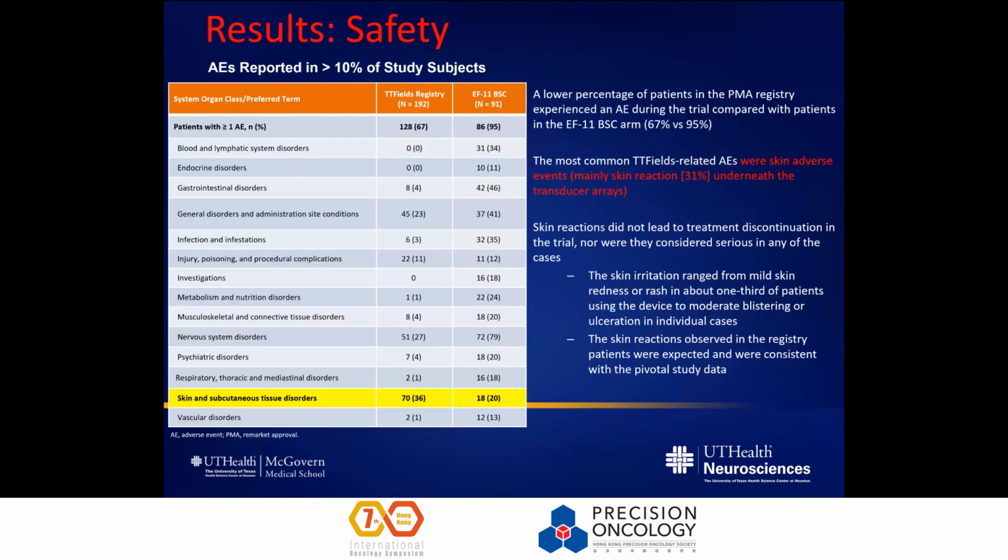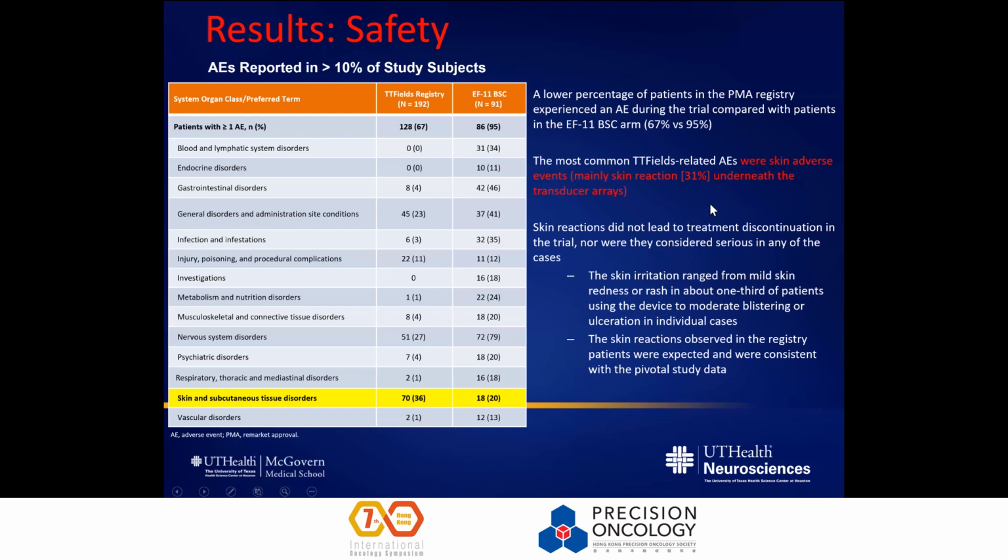And then the side effects again confirm what has been demonstrated in the prior EF11 and EF14 data: skin and subcutaneous tissue disorder is observed most commonly in the TTF group. Obviously, those patients may have some other side effects, as you see, but the most common is the skin side effects.